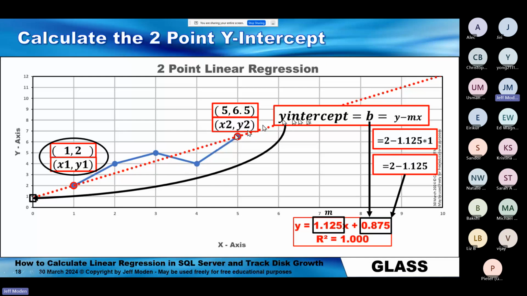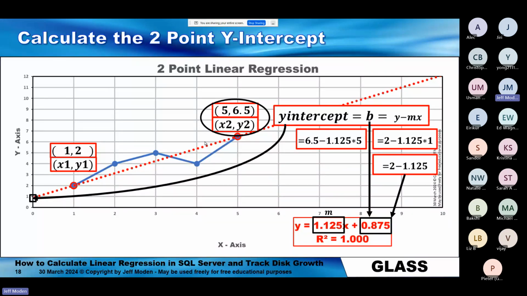Now, the really cool part is this is a straight line, and every point on that line is at the same slope as every other point in the line. And so that means that B should be the same no matter where we're at on this line. And so we can take the data from the second point and we can plug that into the formula where y is equal to 6.5.